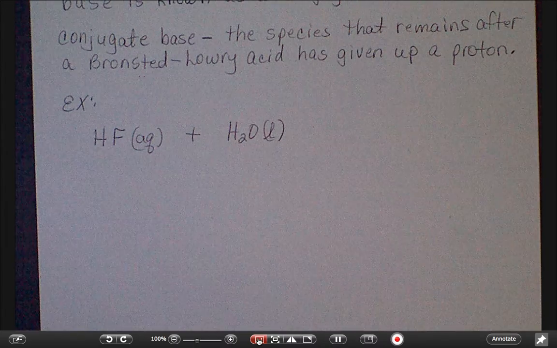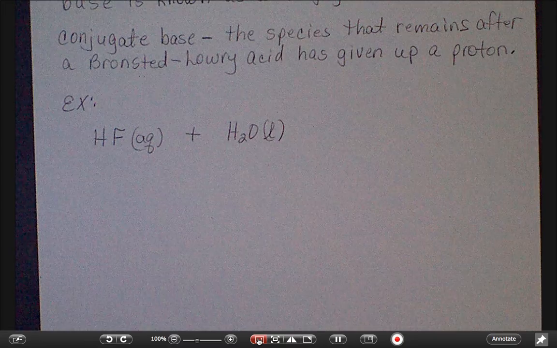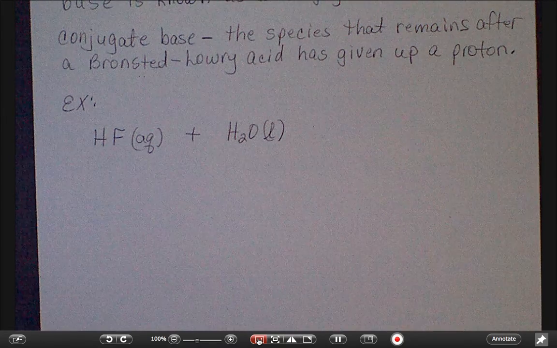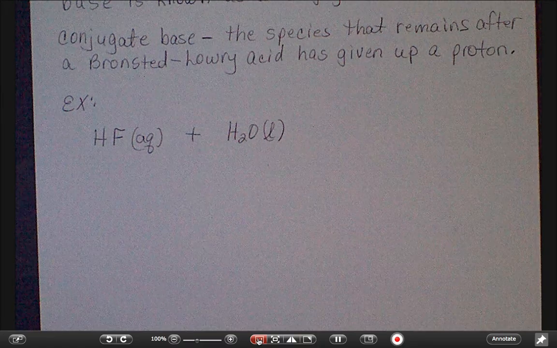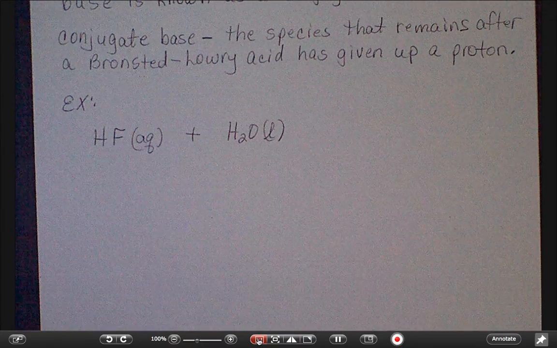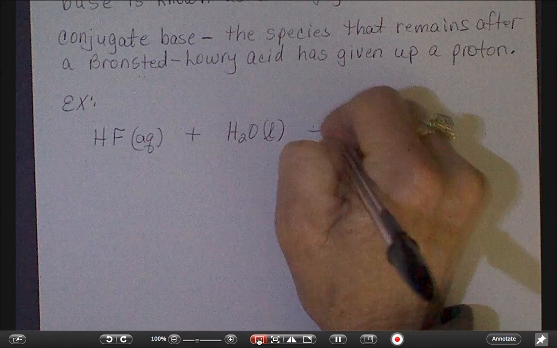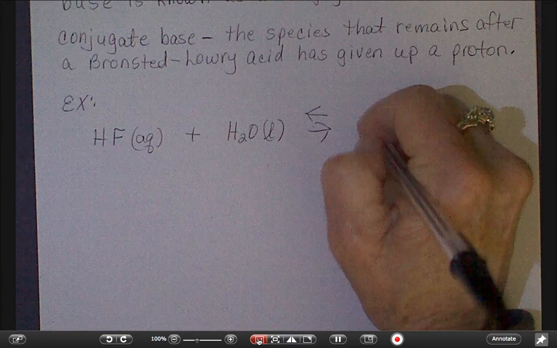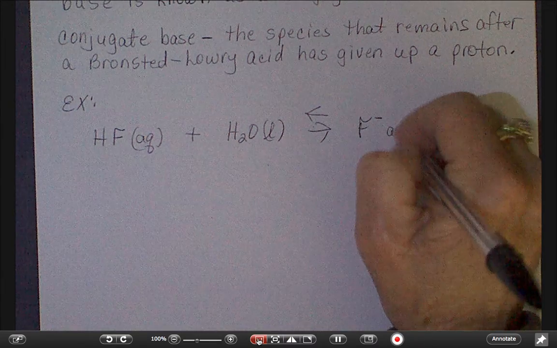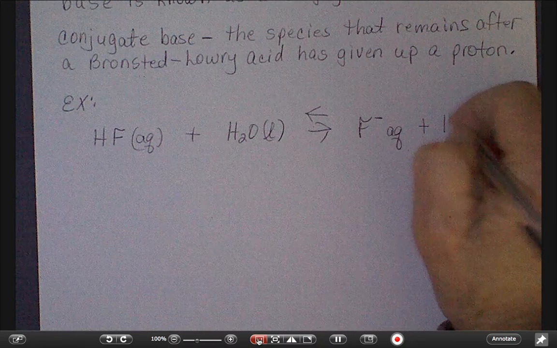Aqueous is a substance that's been dissolved in water. H2O is a pure substance that is in the liquid phase at room temperature. Okay? All right, double arrow, F minus plus H3O plus.